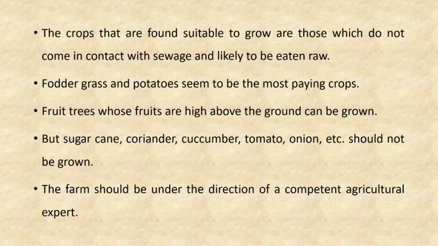The crops that are found suitable to grow are those which do not come in contact with sewage and which are not likely to be eaten raw. So mainly fodder grass and potatoes seem to be the most paying crops.